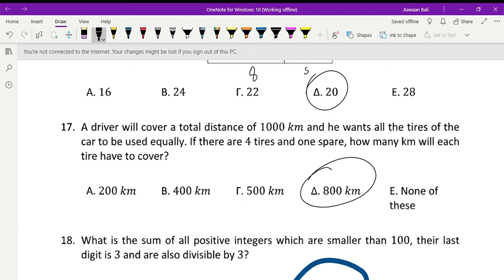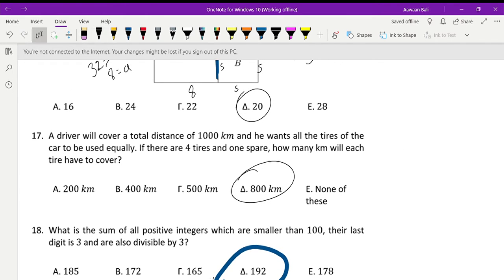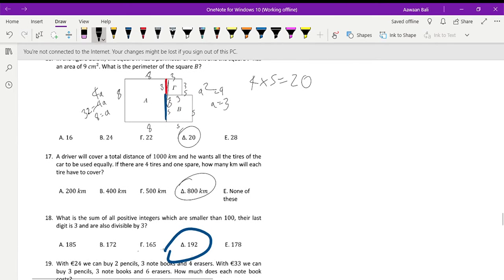Now let's just say he didn't have the spare tire, he just has 4 tires only. That means if the distance is 1,000 kilometers, each tire is going to cover 1,000 kilometers, and 4 times 1,000 is 4,000 kilometers. So all of the tires have to cover 4,000 kilometers anyway.